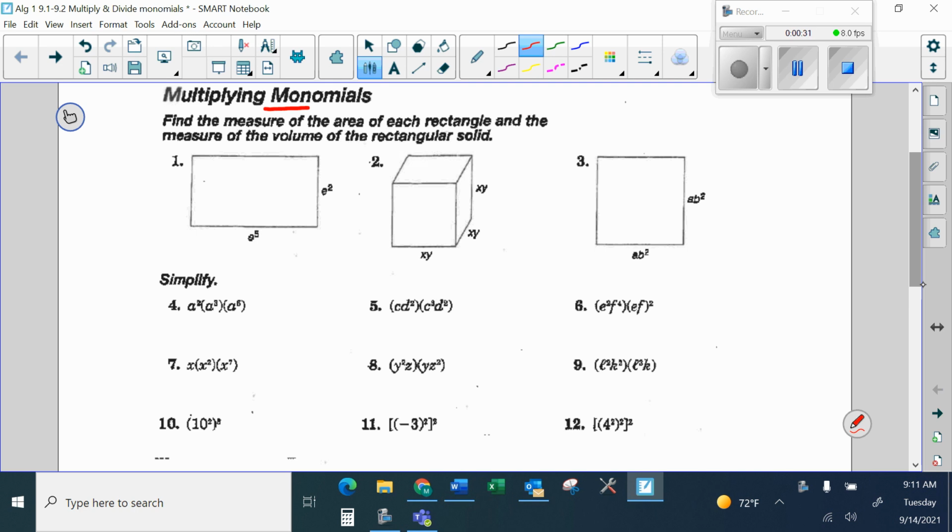Now, the key in remembering with multiplying monomials or polynomials is, first off, this a, the variable, is called the base, okay? And the number in the numerator is called the exponent.